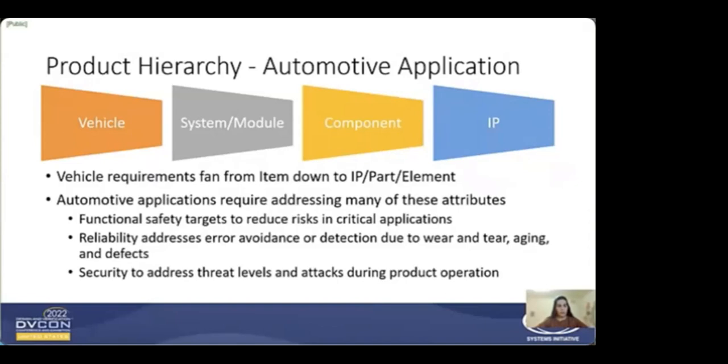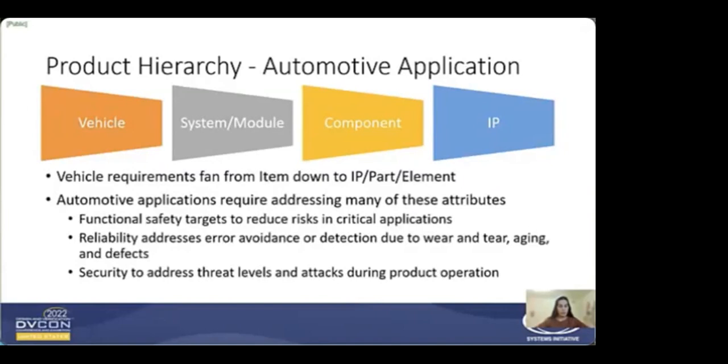As you can see here, from an automotive point of view, you have multiple layers. You have a vehicle, all the way to a system, module, component, down to an IP. When we have requirements, such as which of the attributes of the dependable lifecycle will be applicable for the vehicle, these will not just be at the top layer.